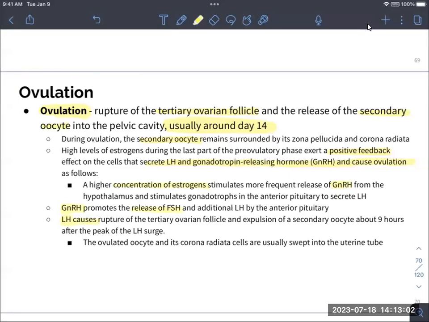Luteinizing hormone causes that rupture of that tertiary follicle, that secondary oocyte. It's expelled out of that ovary about 9 hours after we see a peak surge in that luteinizing hormone. That ovulated secondary oocyte and its corona radiata gets swept up into that uterine tube at this point.